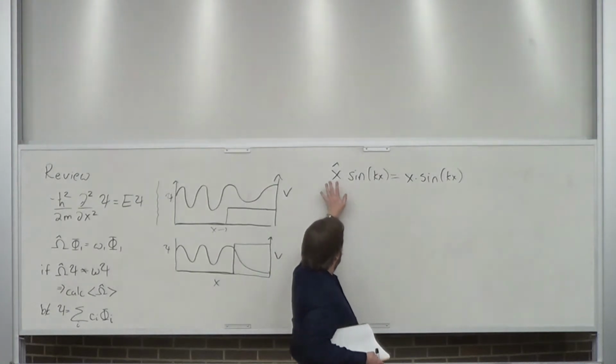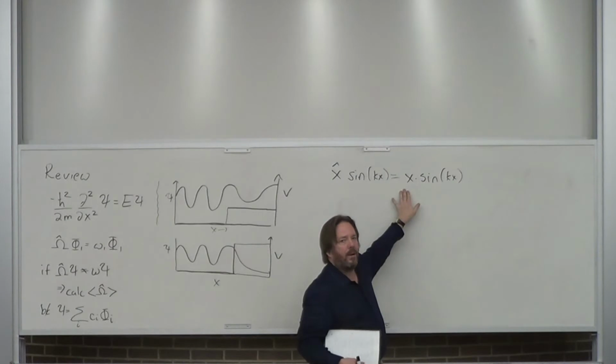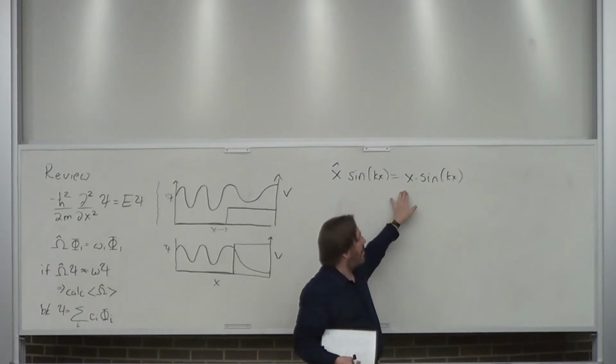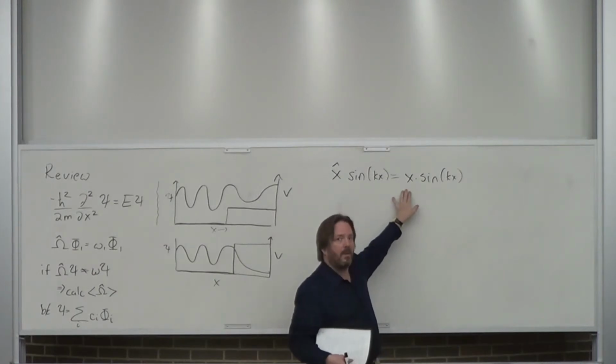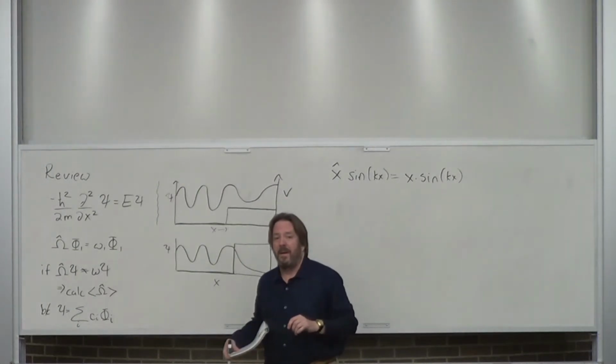Here, operator, function, I need to get a scalar. I need to get pi, or h bar. Actually, when it comes to quantum, almost everything is either 0, 1, or h bar. But anyway, I need a number, like 0, 1, or h bar, times the function. The function has to boomerang back.